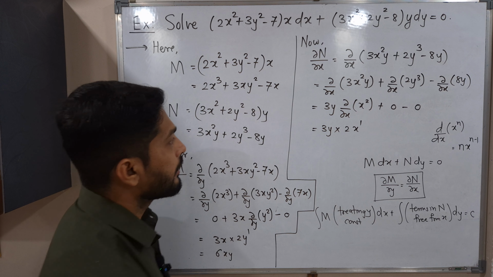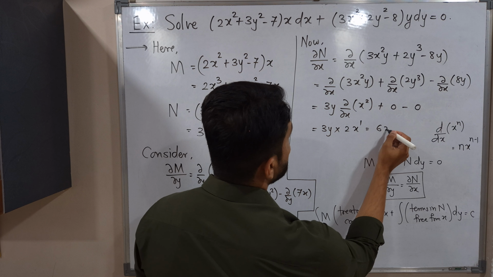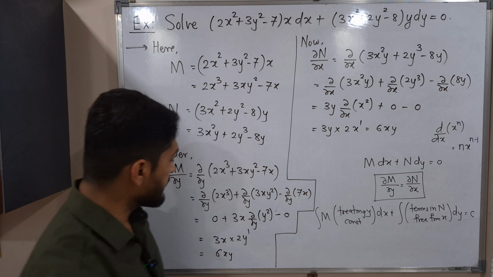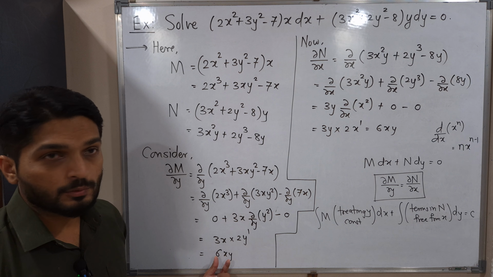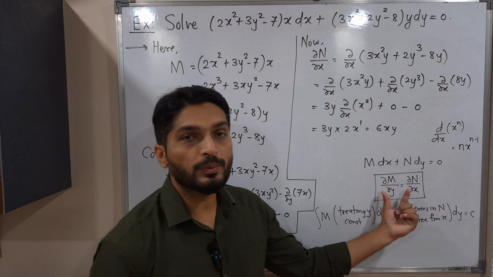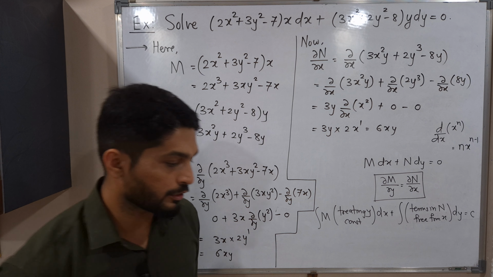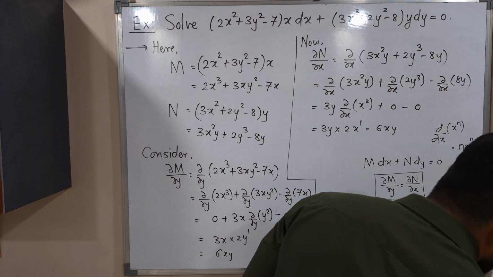Product 3 into 2, 6, and y into x, you can simply write xy. You can easily see ∂M/∂y is 6xy. ∂N/∂x is also 6xy. That means both of them are the same. You can declare it is an exact differential equation. So let me mention here.